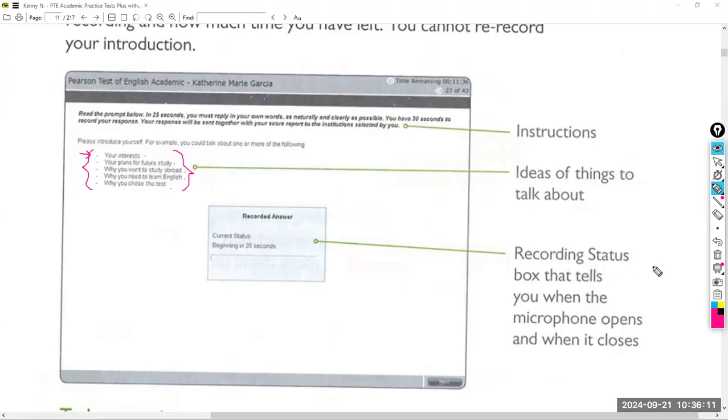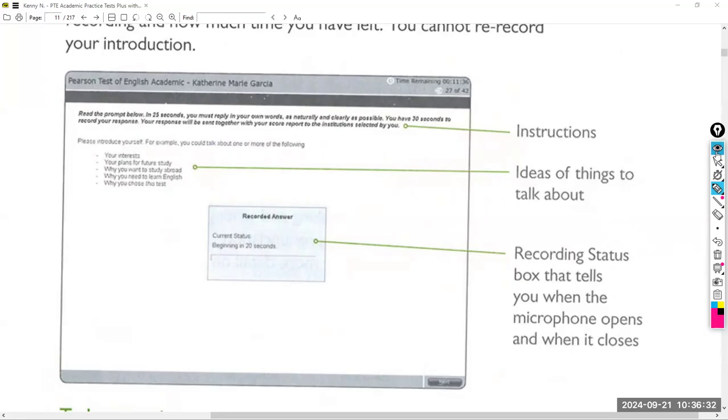As we said, the introduction is about your impression. I know that the introduction is not scored, but it is really important because the institution or university is going to have that impression of you.